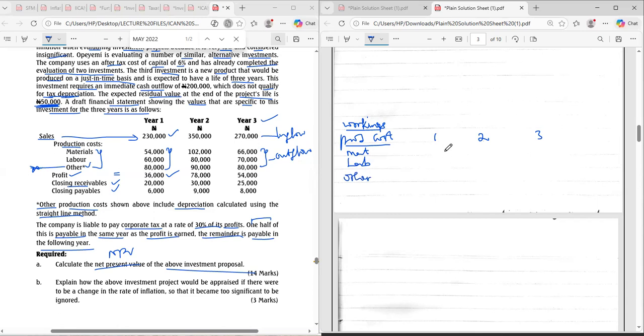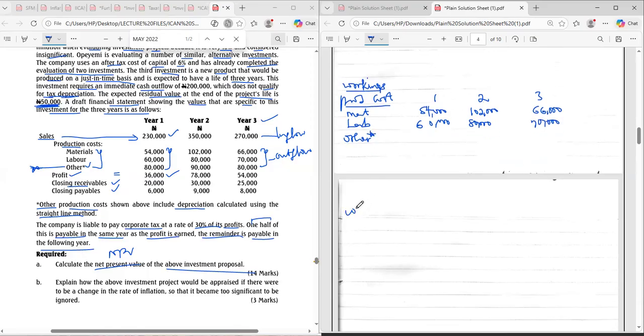So how much is material? 54,000. 102,000. 66,000. 60,000, Abi. 80. What again? 70. For this order, we have a challenge. So let's do a working for order.